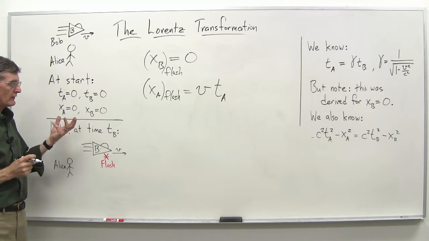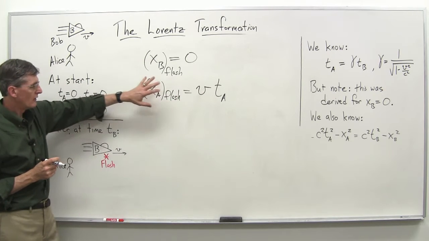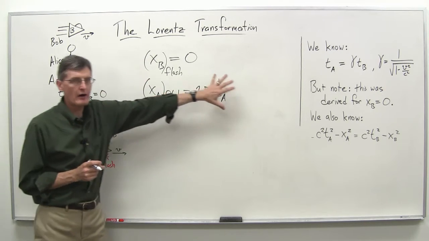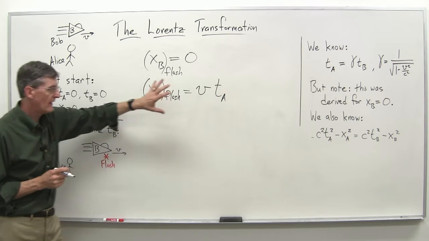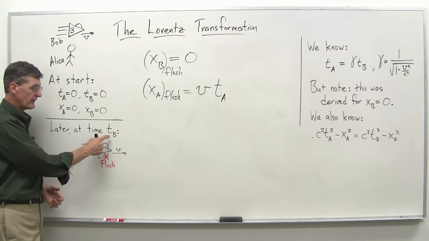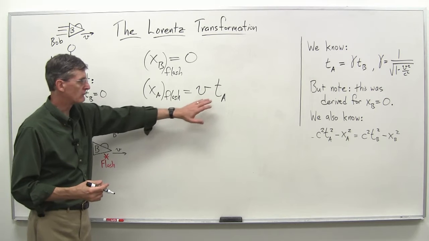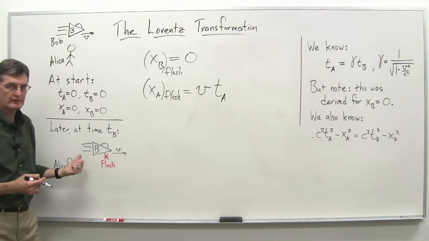Okay? Now, here's the key thing. What is t_a? Remember, we want to have Bob's coordinates on one side and Alice's coordinates on the other. Bob measures the flash at time t_b. We'd like to somehow write t_a in terms of t_b.